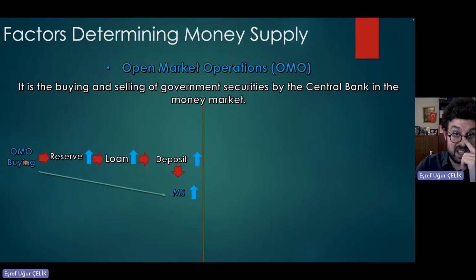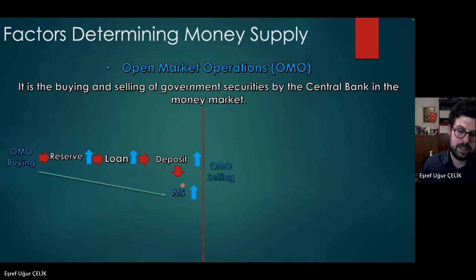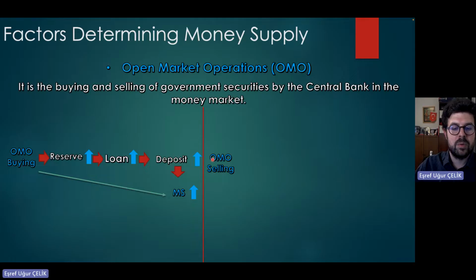I'll say it again: open market operation buying means the central bank collects government securities and gives money to the market. That's why when open market operation buying is achieved, the money supply becomes higher. Let's come to open market selling. If they sell government securities, this time they collect the money, so the amount of money becomes lower.